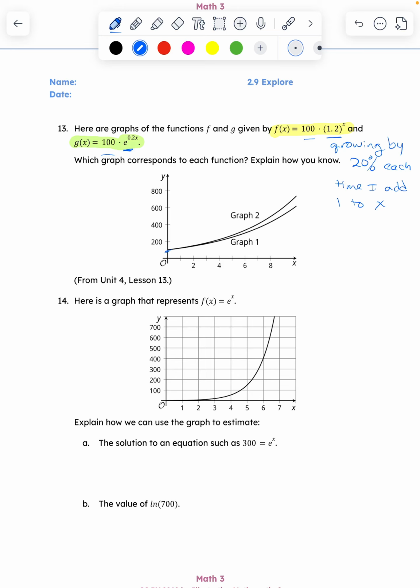Okay. So then in our g of x, we also have 20% growth each time I add 1 to x, but it is compounding continuously. And I know that because that's what my e in this function does.